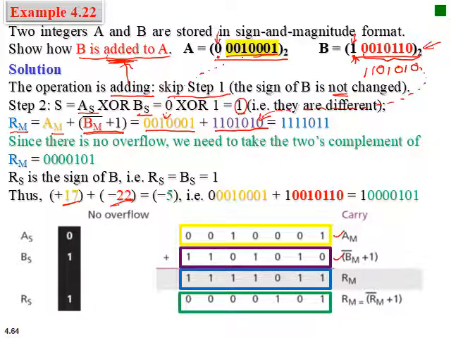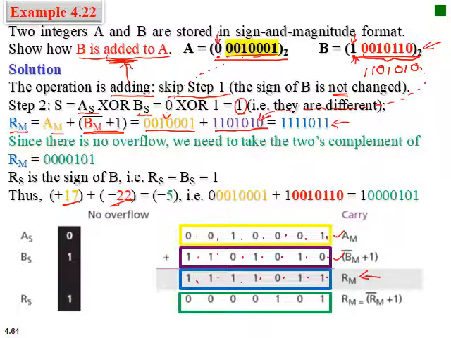We add: 1 plus 0 gives us 1, 0 plus 1 gives us 1, 0 plus 0 gives us 0, 0 plus 1 gives us 1, 1 plus 0 gives us 1, 0 plus 1 gives us 1, 0 plus 1 gives us 1. No carries in this entire example, as you can see. So the result of the magnitude is over there in blue.